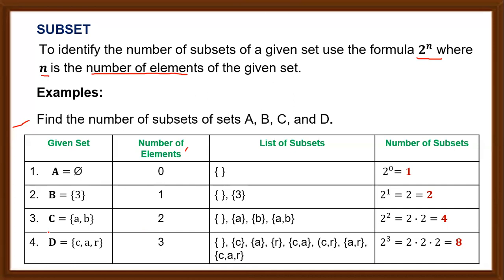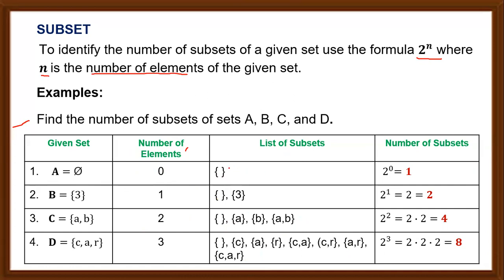Ang tanong, paano ko malalaman kung tama ba yung nakuha kong sagot? Okay, observe natin. Kung mapapansin natin, di ba, titignan mo dito sa column na number of elements tsaka number of subsets. Kailangan magparehas ang ating nakuha sagot. Ibig sabihin, ilan ba yung ating number of subsets dito? I mean yung list of subsets.